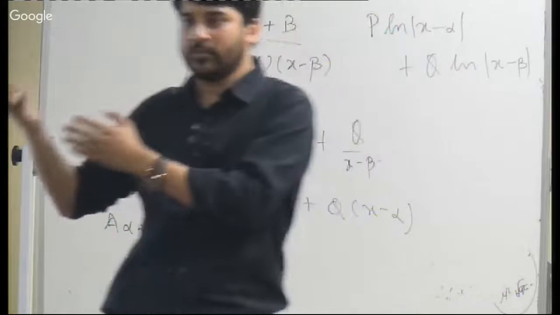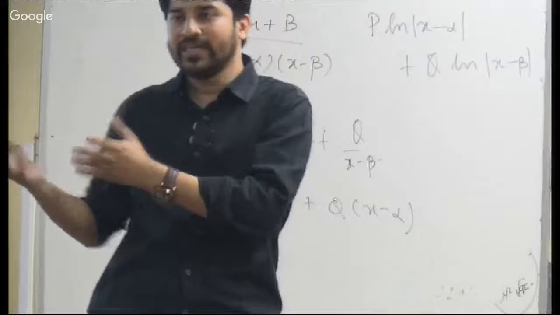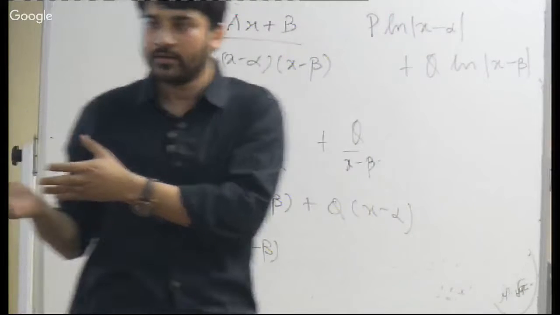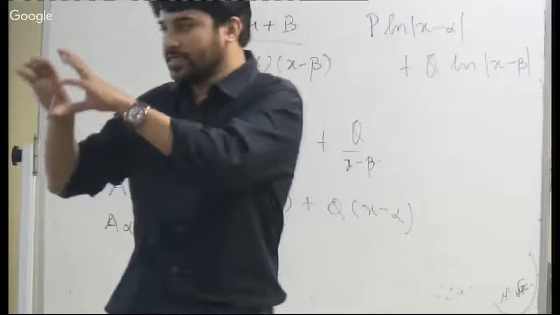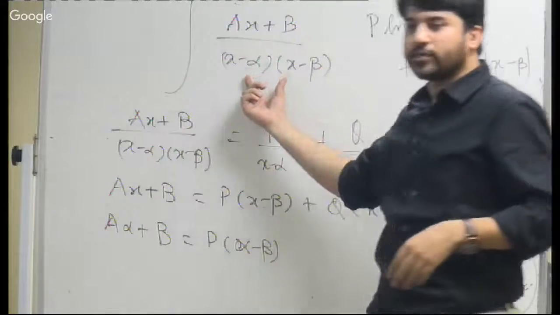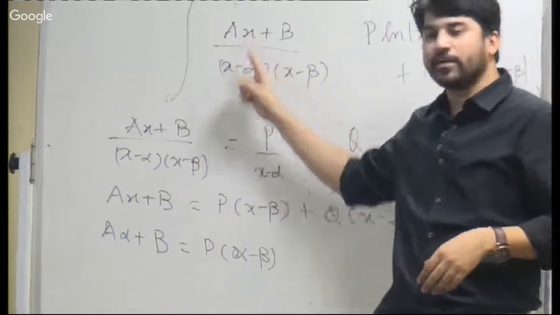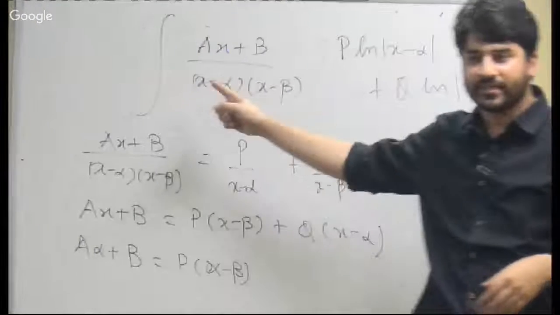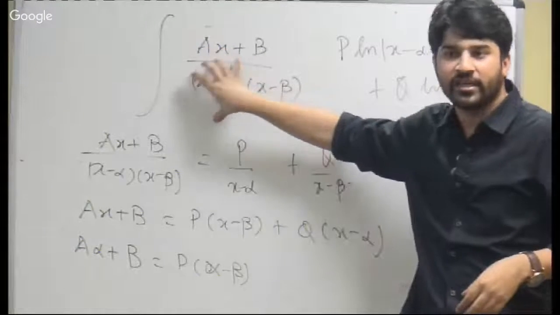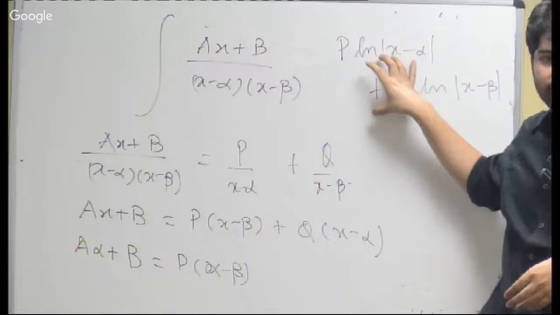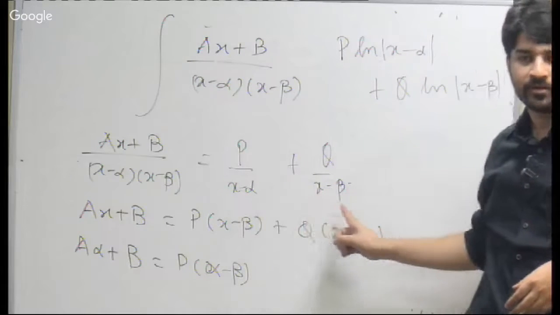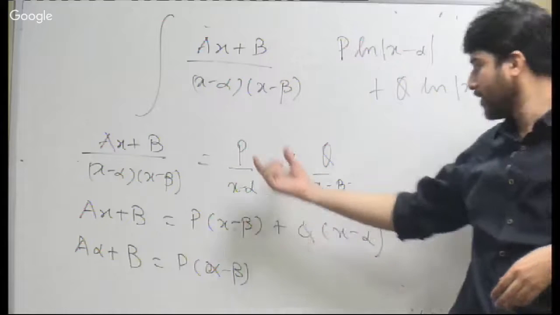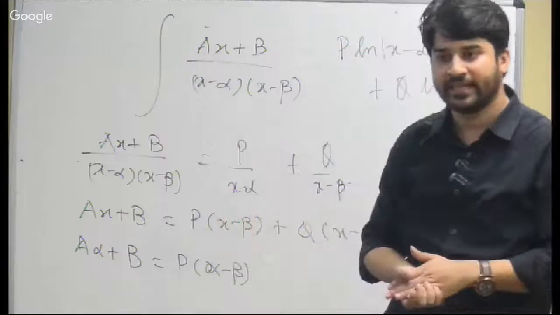If it is cubic, it will be linear or constant. You know that the remainder will always be of lower degree. And then, if you have a quadratic expression below, you will get linear upon quadratic. So I can break this fraction into a sum of two partial fractions. And now it is easy to integrate, right? We'll use that integration of a sum is the sum of integrations, right?